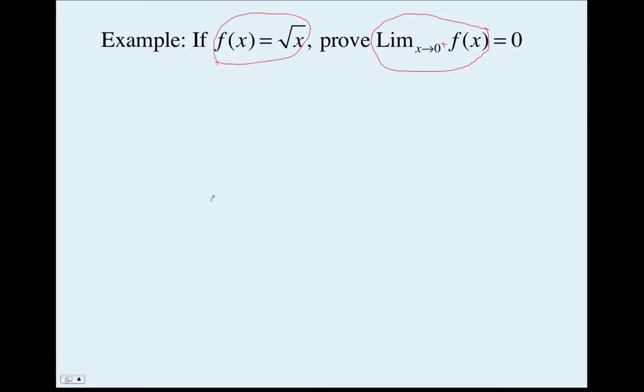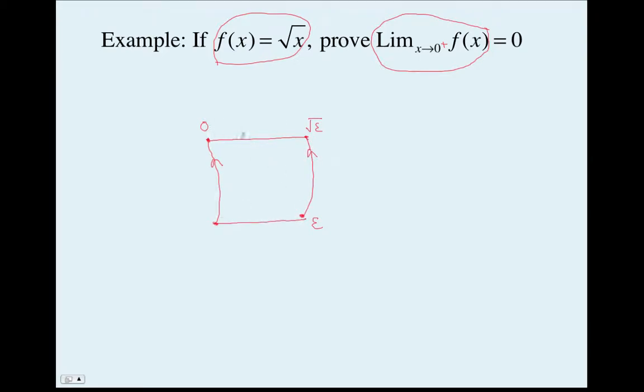Okay, so our situation is the following: if this is the point 0 and this is the point square root of epsilon, then x equals 0 gets mapped into this point and x equals epsilon gets mapped into this point.